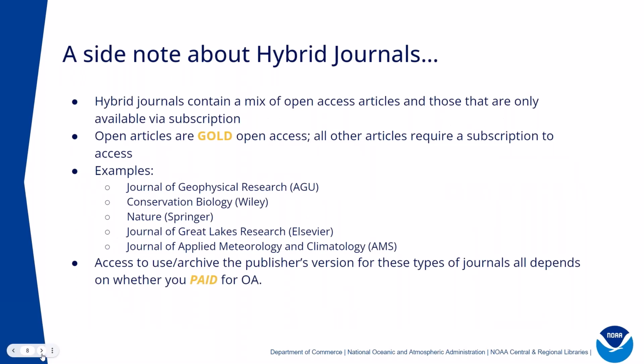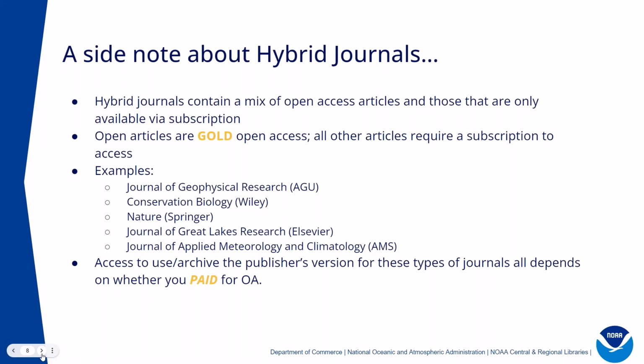So hybrid journals, and this is where that green open access comes into play. A hybrid journal is a journal that has a mix of open access articles and those that you can only access via a subscription. So that's a mixture of gold open access and a subscription base, right?